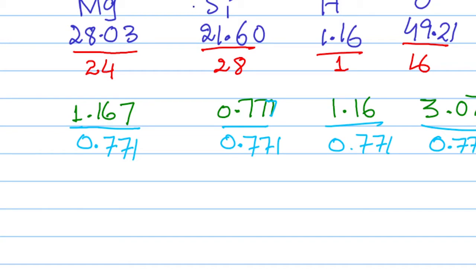After dividing, we get 1.5 for magnesium, 1 for silicon, 1.5 for hydrogen, and 4 for oxygen.